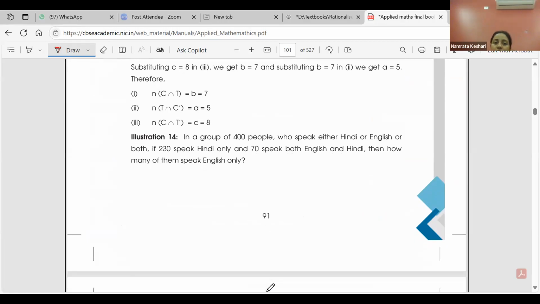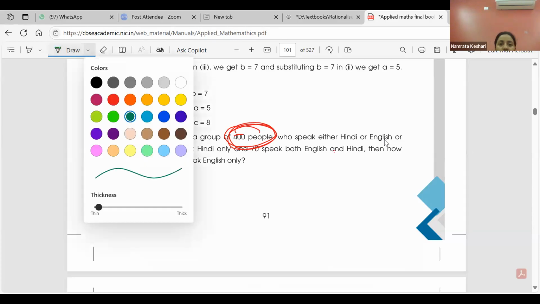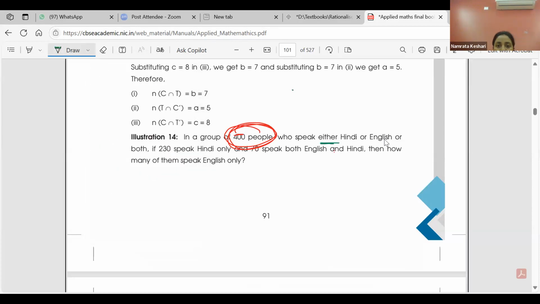This is also the same question. In a group of 400 people who speak either Hindi or English or both. That means this 400 is representing the union, because here people are saying either Hindi or English or both.